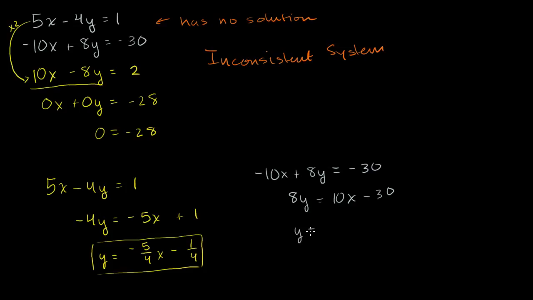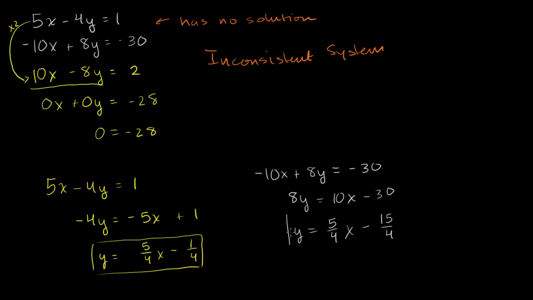You'll get y is equal to 10 over 8, which is the same thing as 5 over 4, x minus 30 over 8, which is the same thing as 15 over 4. Oh, and actually I made a mistake here. When we divide both sides of the first equation by negative 4, negative 5 divided by negative 4 is positive 5 over 4. So I shouldn't have had a negative there. Almost made a blunder. And then 1 divided by negative 4 is negative 1 over 4.